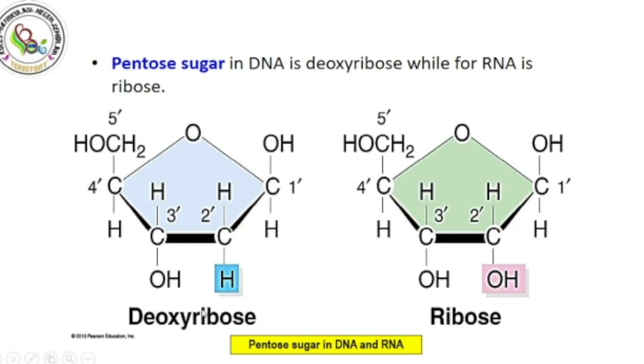The structures of deoxyribose and ribose sugar are almost similar, but they differ at carbon number 2. For deoxyribose sugar, carbon number 2 is attached to two hydrogen atoms, while for ribose sugar, carbon number 2 is attached to a hydrogen atom and a hydroxyl group, meaning that there is no hydroxyl group attached to carbon number 2 of deoxyribose sugar of DNA.